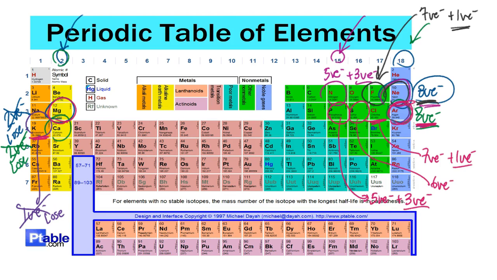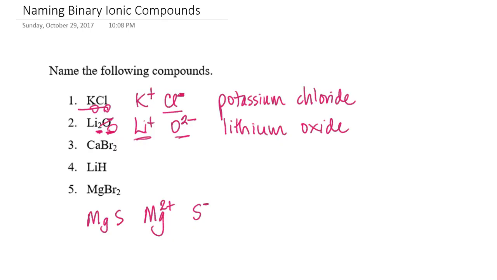If it's going to get the same valence electron configuration as argon, then it needs to gain 2 valence electrons. So the formula for the sulfide ion should be S2-.